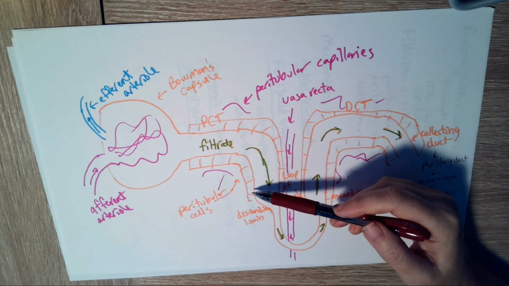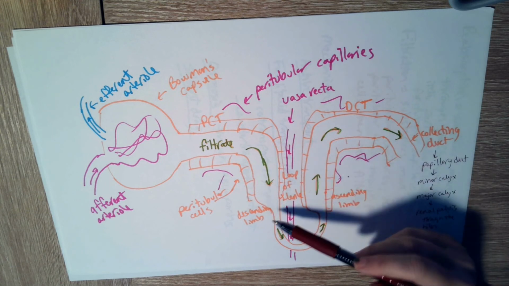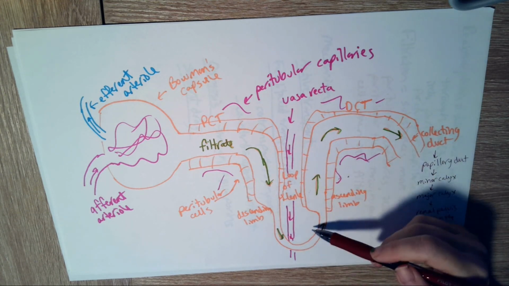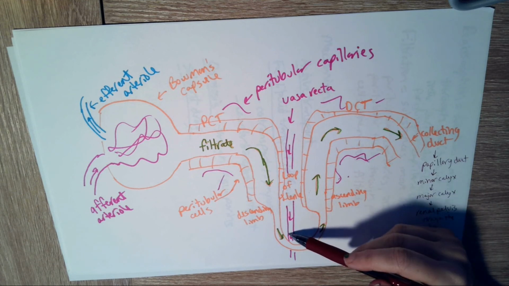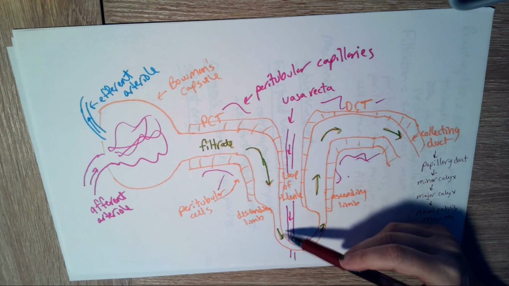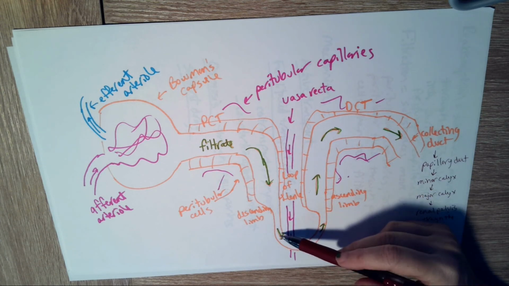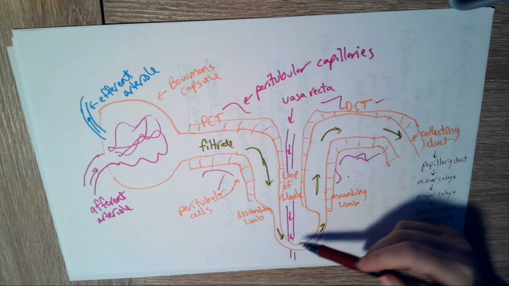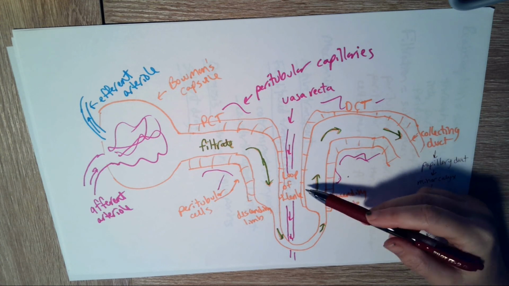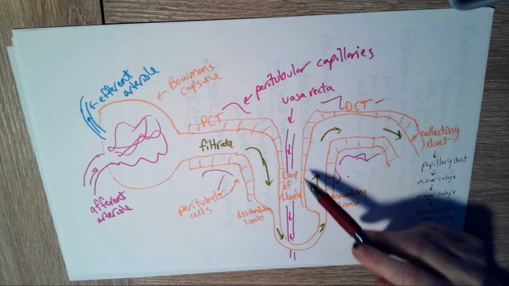We'll get into some detail as to which ions are going to be able to move where and how. Now, down here where we have the thin loop of Henle with just simple squamous epithelium, we're not going to have ions able to pass. Only water can pass between what's in the filtrate and what's in the blood here. So no ion movement here at all. And then when we get back up here and we have our simple cuboidal again, we can resume ion and water movement.